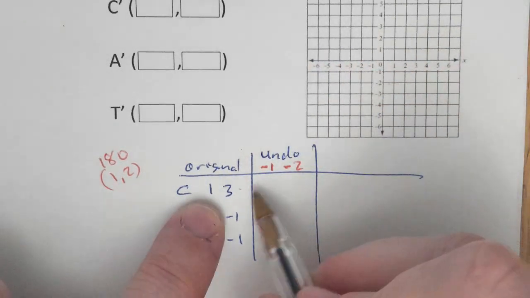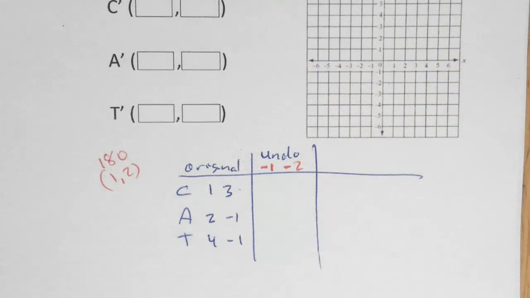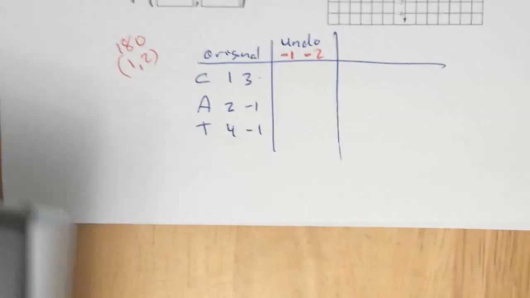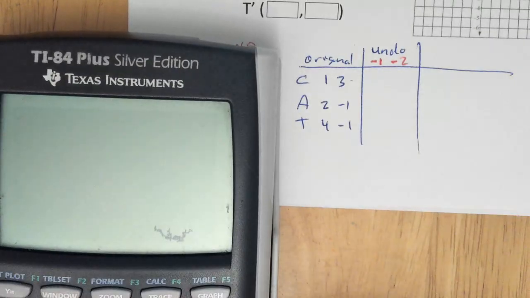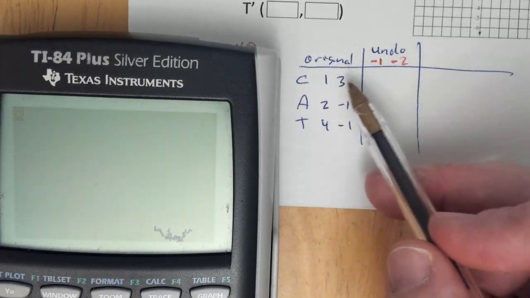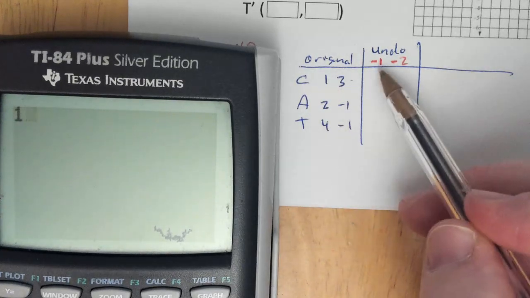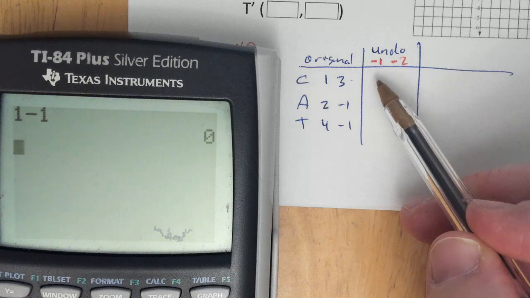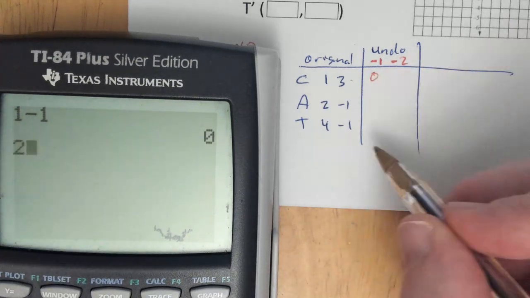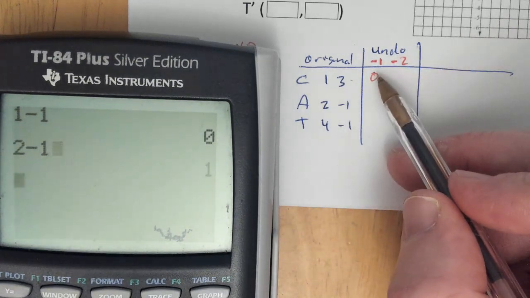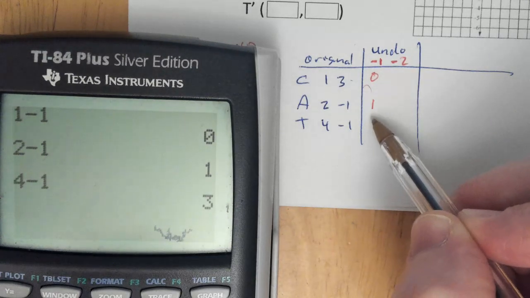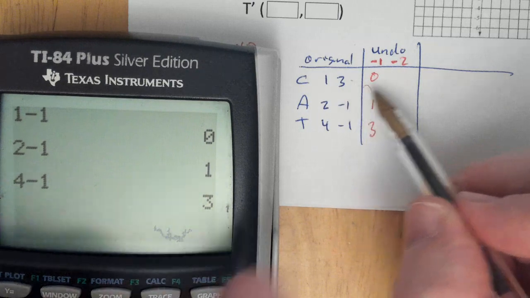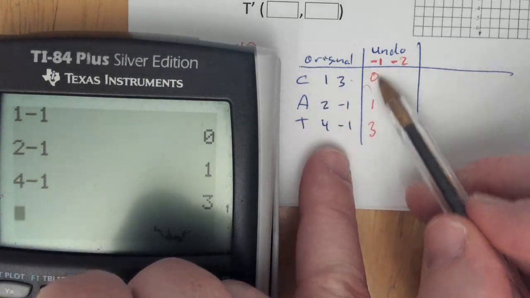I'm going to put this in the calculator so you can see what's going on in my head, especially if you guys are in different languages. We're going to take all these x's and subtract 1. So subtract 1, we get 0. 2 minus 1, we get 1. And 4 minus 1, we got 3.